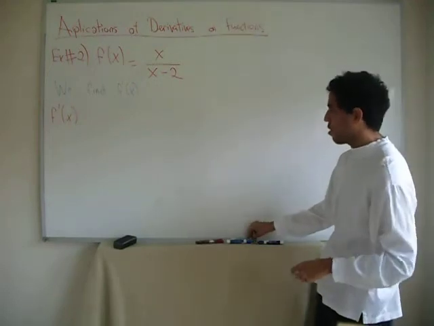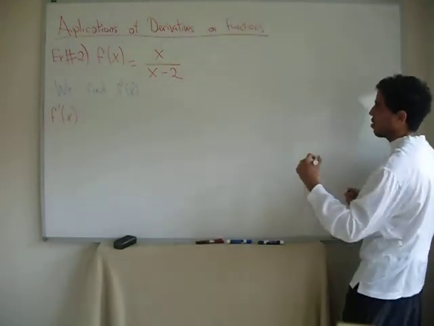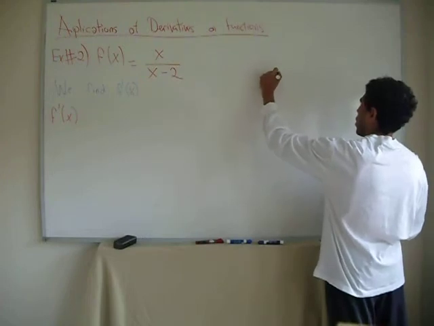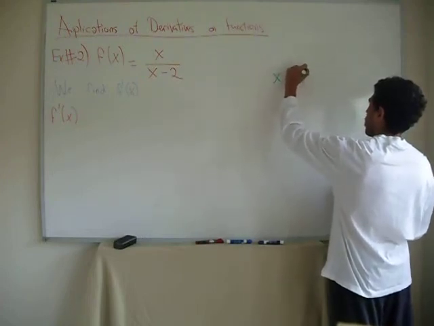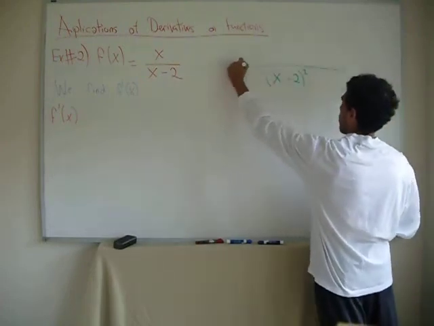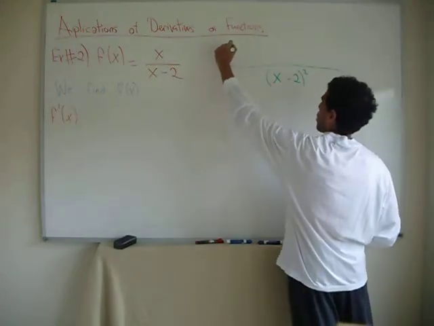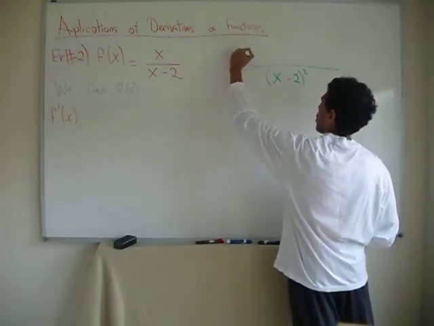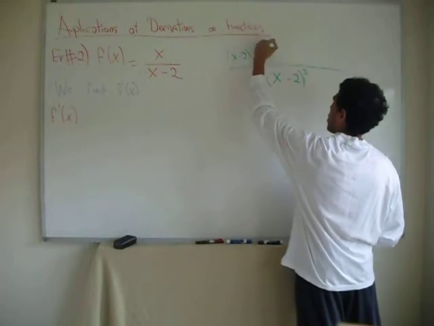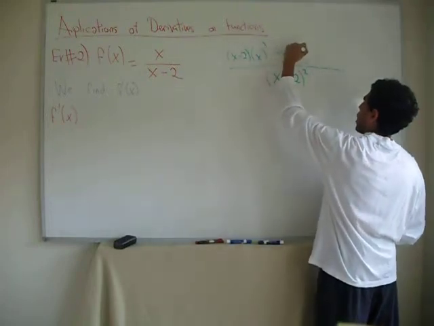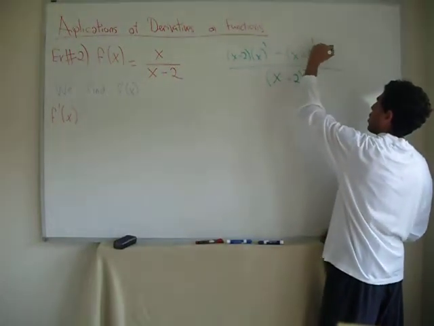This is the derivative of a quotient, so I'm going to have x minus 2 squared at the bottom, and on top I'm going to have x minus 2 times x prime, minus x minus 2 prime times x.